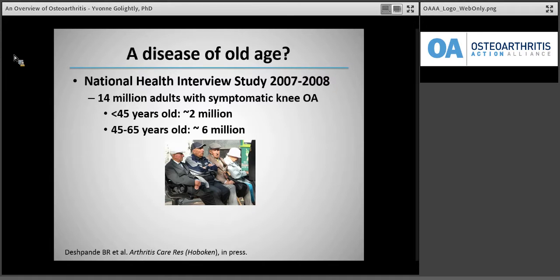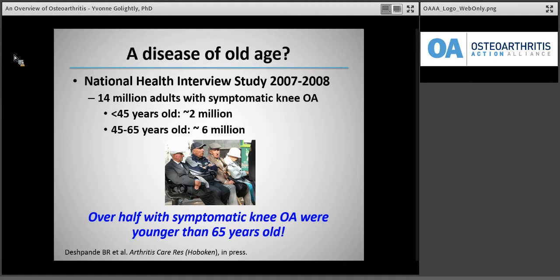About 2 million of those with osteoarthritis were under the age of 45, and then 6 million were between the ages of 45 and 65. So what this means is that over half of the adults with symptomatic knee osteoarthritis were actually younger than 65.